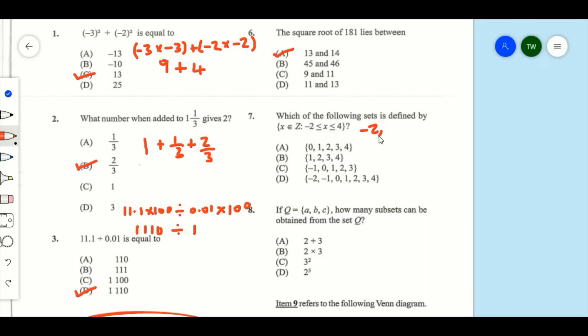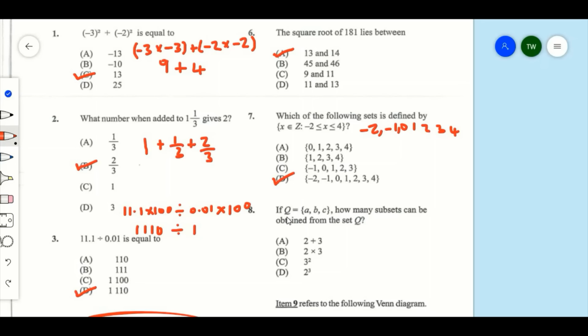Other numbers greater than -2 are -1, and 0, and 1, and 2, and 3, and 4. But X is less than or equal to 4. So these numbers will satisfy this inequality here. So our answer is going to be D.